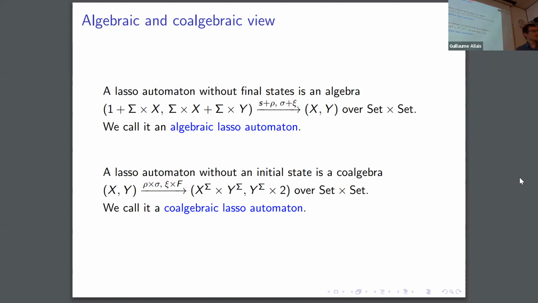Maybe I can show here the final states. They can be seen as an arrow from Y to the two element set. But then I'm not sure how you would see it as an arrow from something to Y. You need to know how many final states there are and put a constant there. Right, but I don't want to know how many there are, because I want to allow any number.